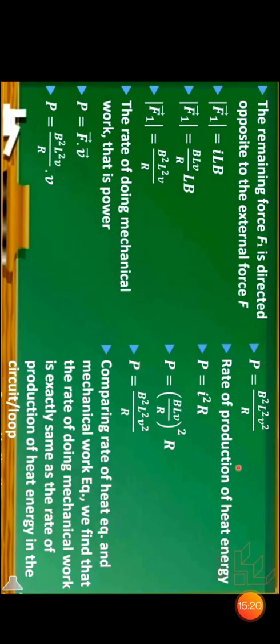Now comparing the rate of heat equation and the mechanical work equation, we find that the rate of doing mechanical work is exactly the same as the rate of production of heat energy in the circuit or loop.